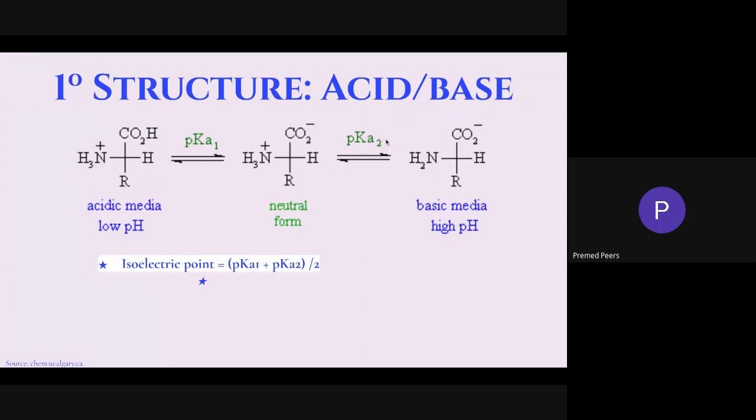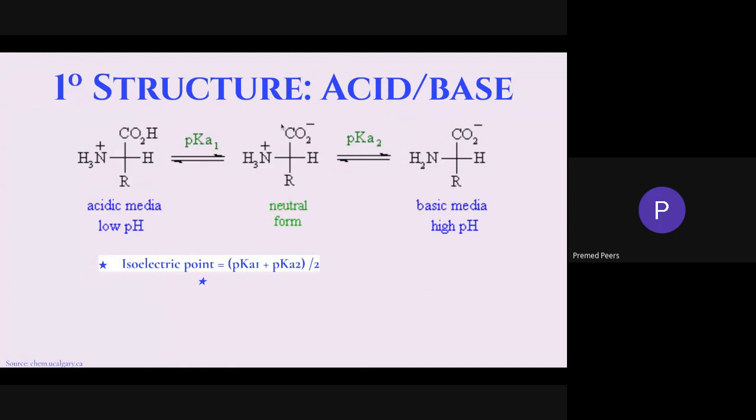If you do the same thing with the pKa1, the overall charge of the population for the carboxylic group will be negative 0.5.